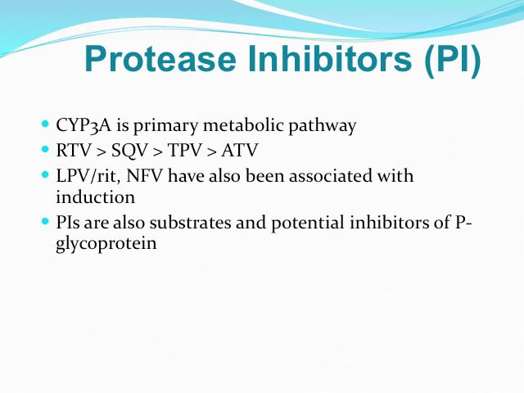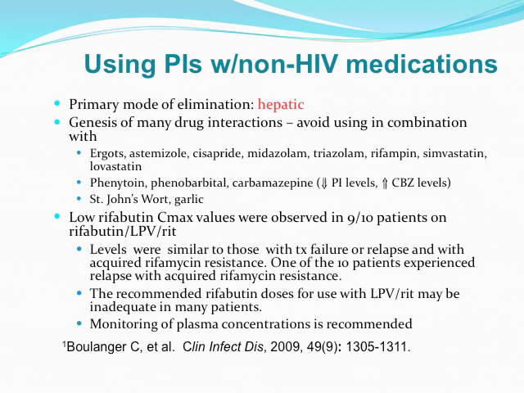I probably will associate these two with Atazanavir because we're using low concentrations of ritonavir with lopinavir. It's no longer really a factor. PIs are also substrates and potential inhibitors of P-glycoprotein, so just be aware of that.